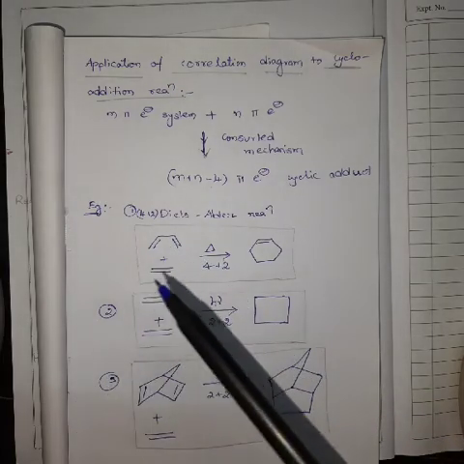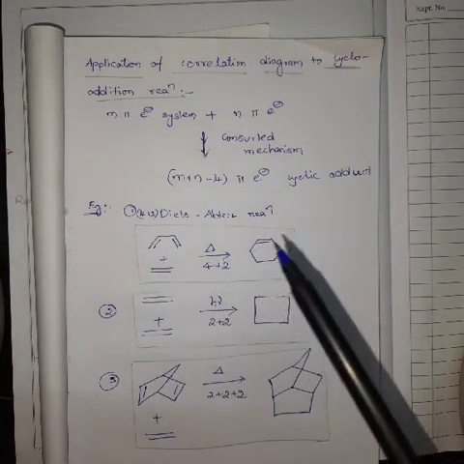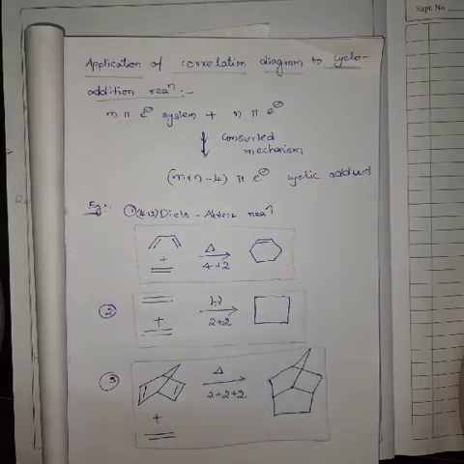The well-known example for cycloaddition reactions is the 4 plus 2 Diels-Alder reaction. That means addition of butadiene to ethylene to form cyclohexene is a good example.